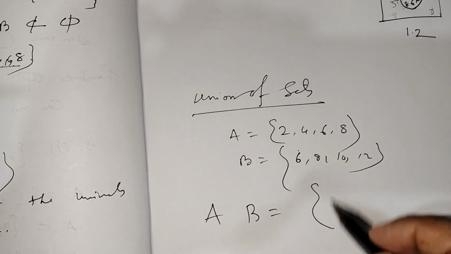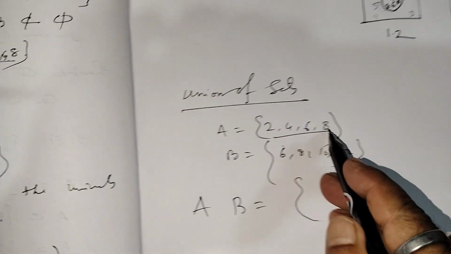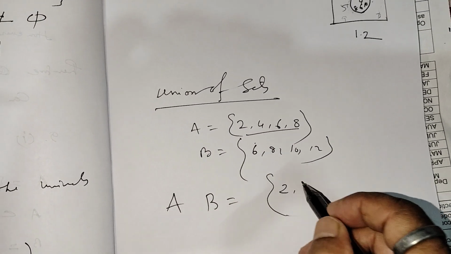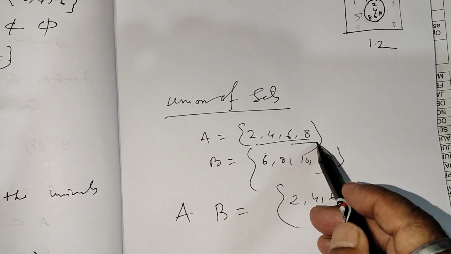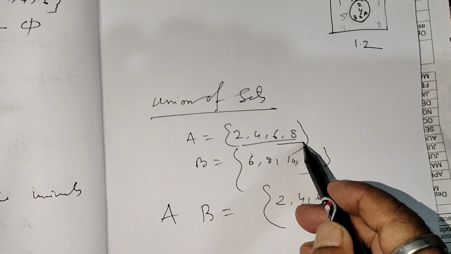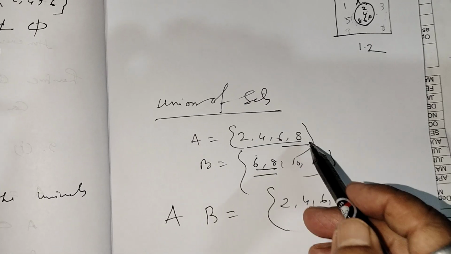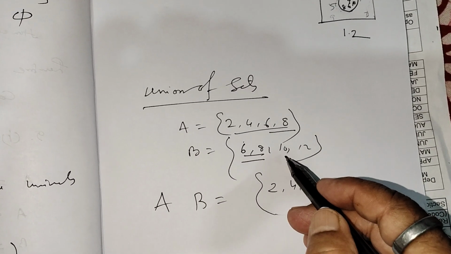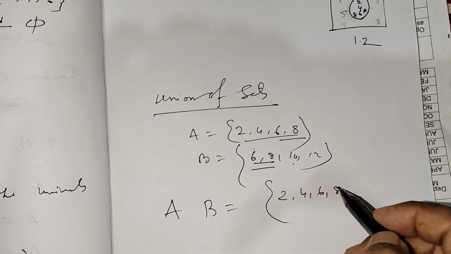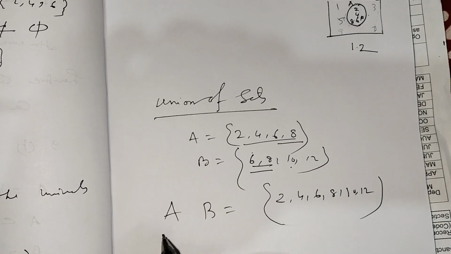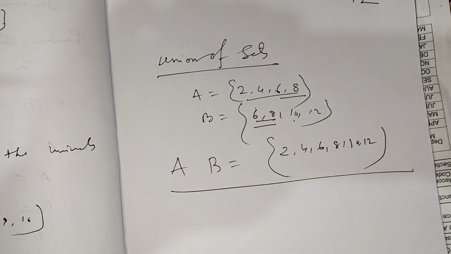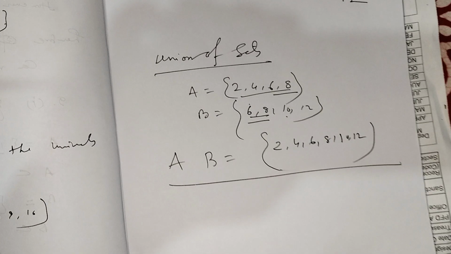First we write 2, 4, 6, 8, and 6, 8 are common and taken only once, already taken, so the rest is 10 and 12. So this is the union of A and B. Understood? Here's the gist of this chapter.